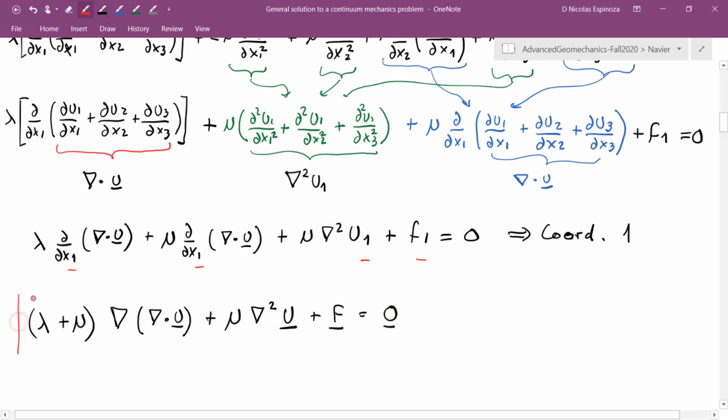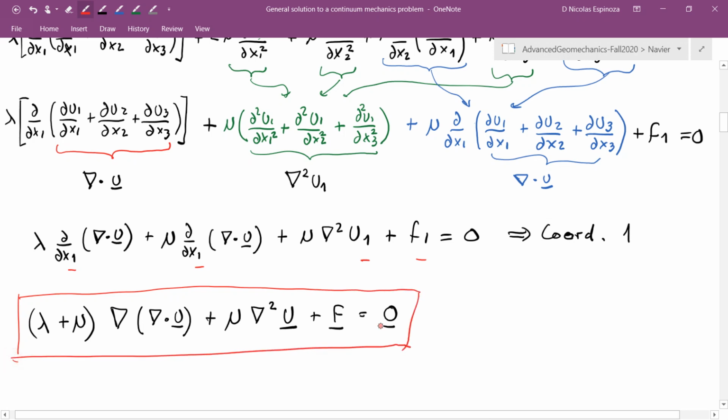And this is the final equation, and this is what is known as the Navier's equation for linear elasticity, and in this case for linear isotropic elasticity.